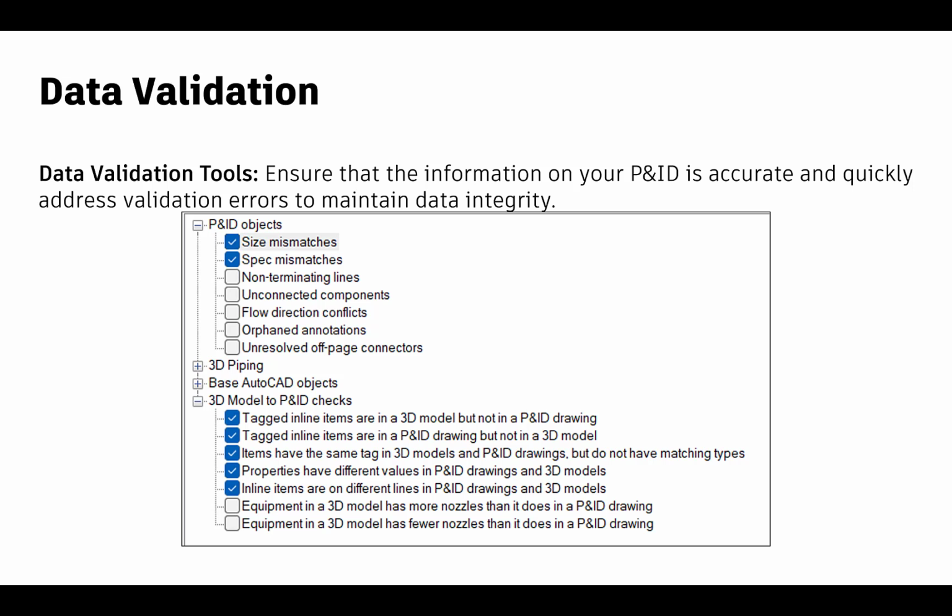And so some of the changes that you make in the P&ID don't automatically reflect in the model. And this is why you need data validation to check for mismatches that exist between a 3D model and the associated P&ID drawing. Let's jump into the software and see how that looks.